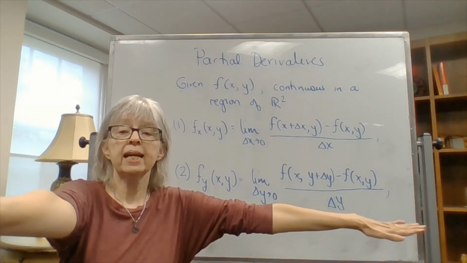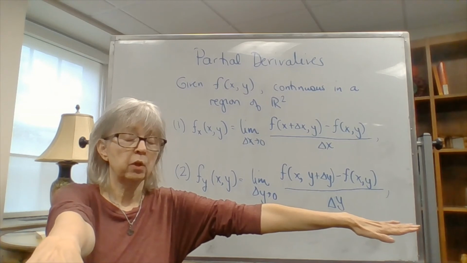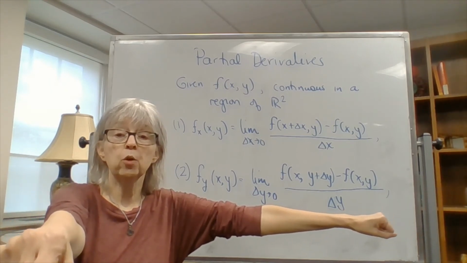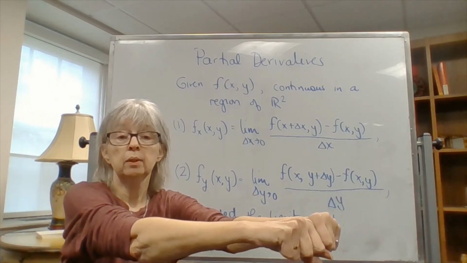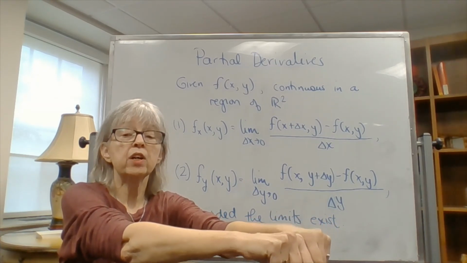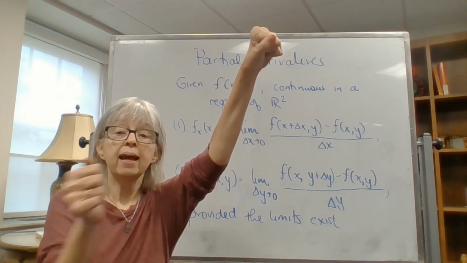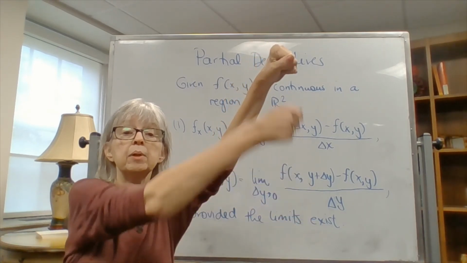Now I'm drawing the xy plane like this because we're in 3D. You plug in an x value and a corresponding y value. That gives you an x and a y point in the plane. You plug it into the function, out pops a z, so you're at a point x, comma, y, comma, z.